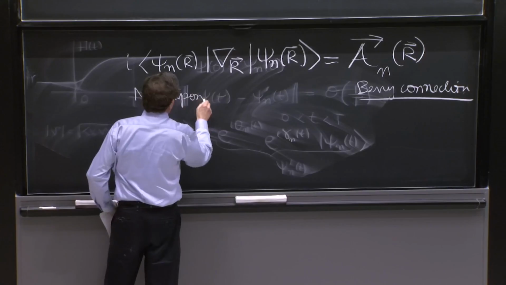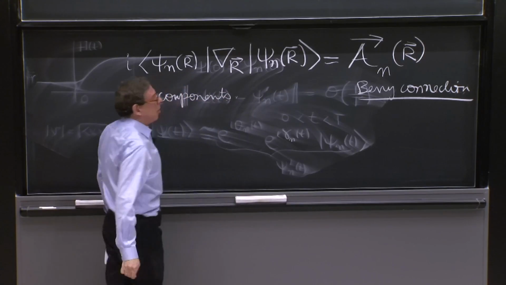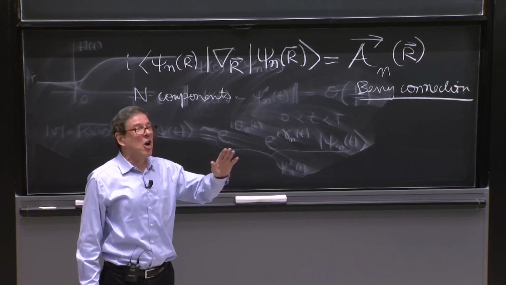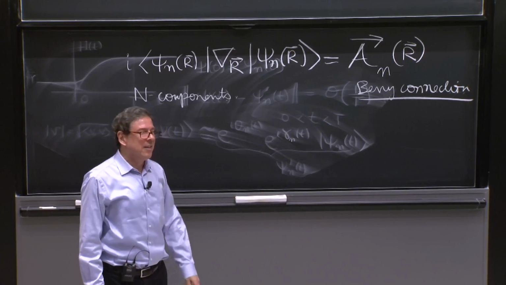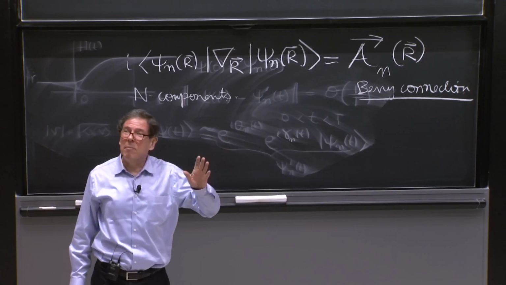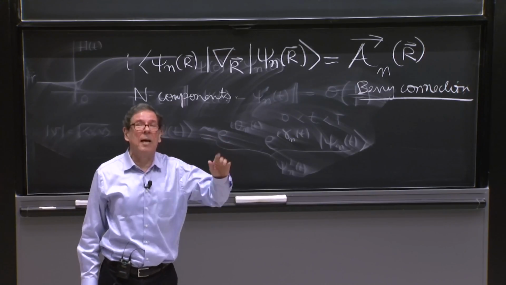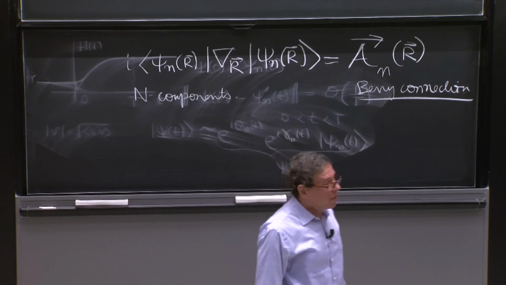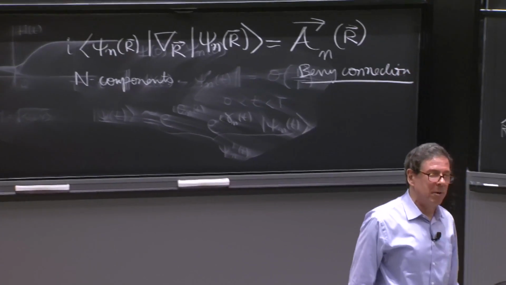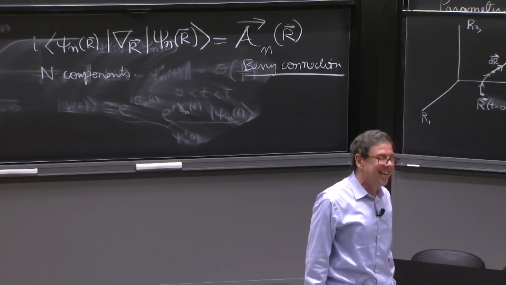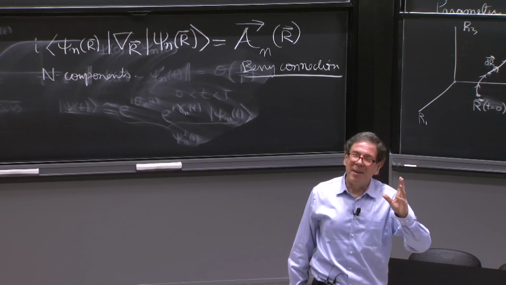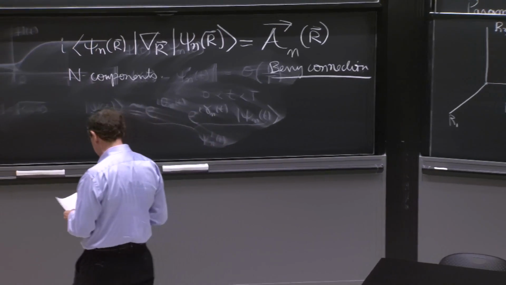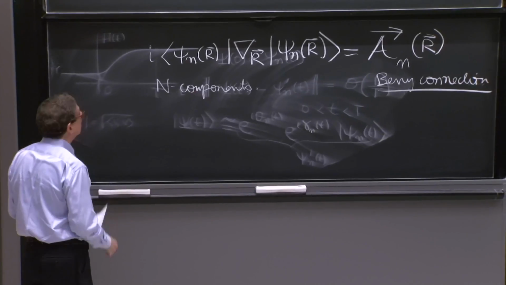So it's a vector in R^N. But people like the name connection. Why connection? Because it's a little more subtle than a vector. It transforms under gauge transformations, your favorite things. And it makes it interesting because it transforms under gauge transformation. We'll see it in a second. So it's a connection because of that.